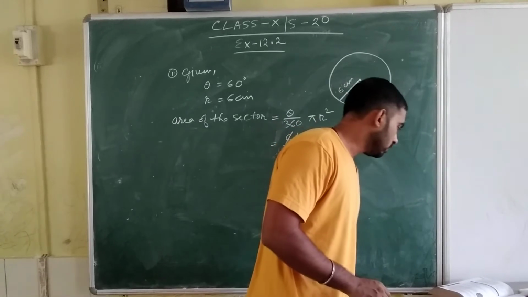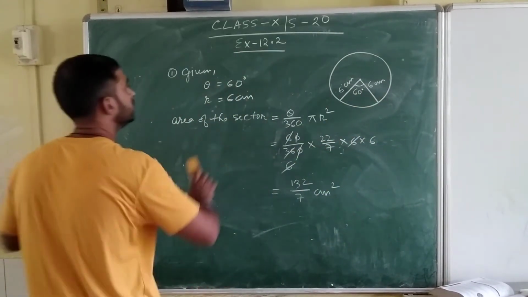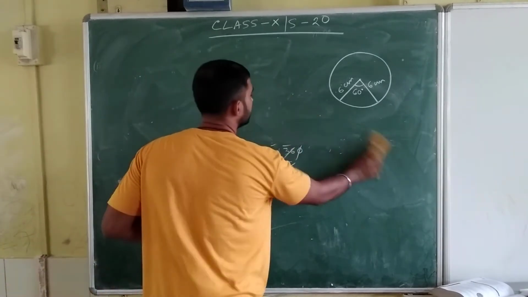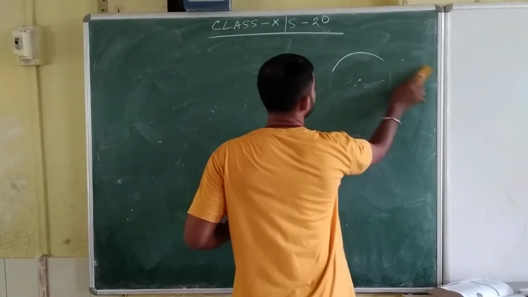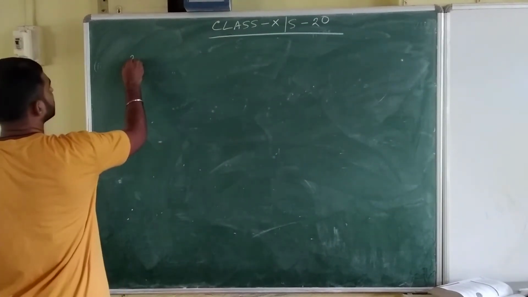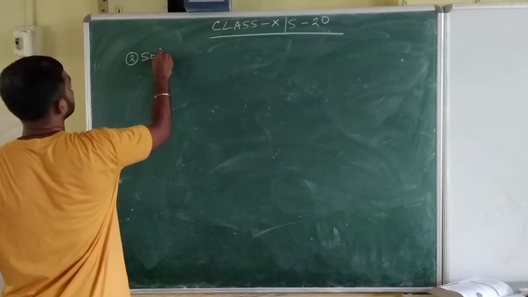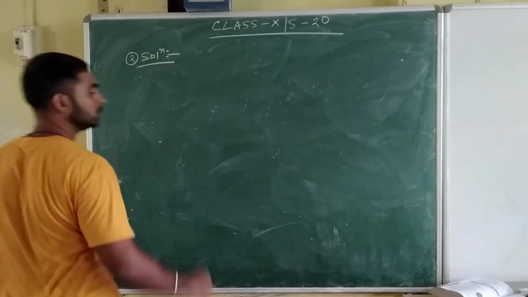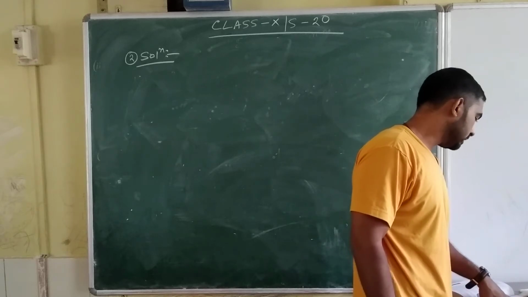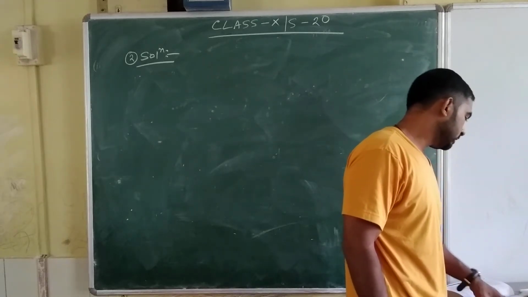Got it? Now question number 2. Here nothing, we will just use the formula. Find the area of a quadrant of a circle whose circumference is 22 centimeter.